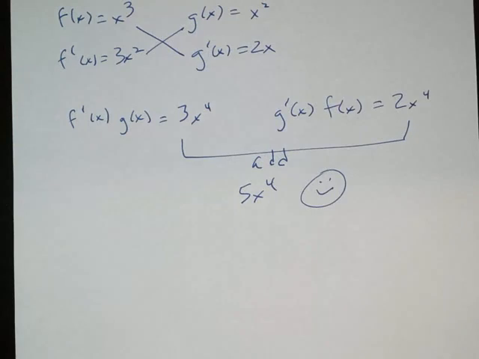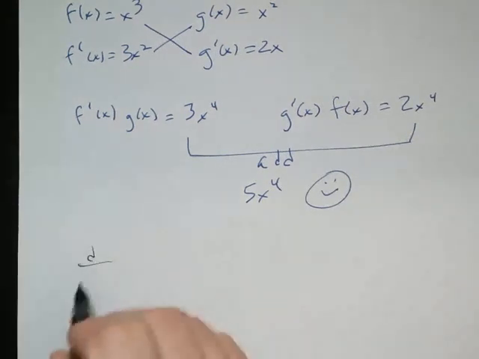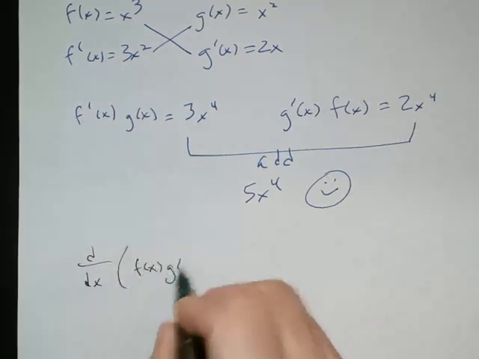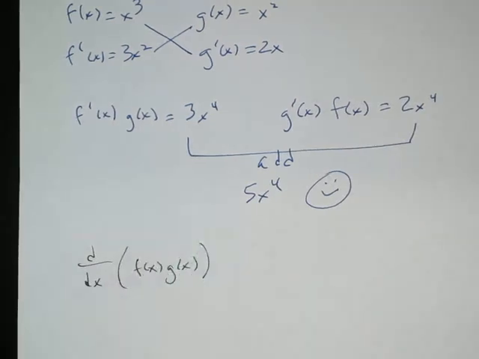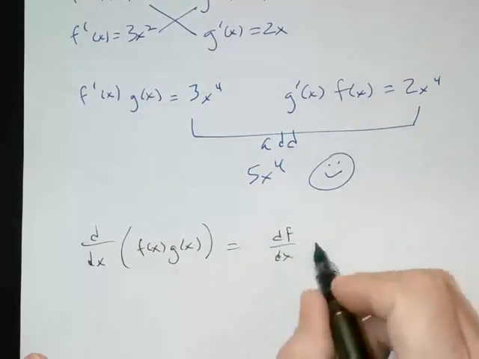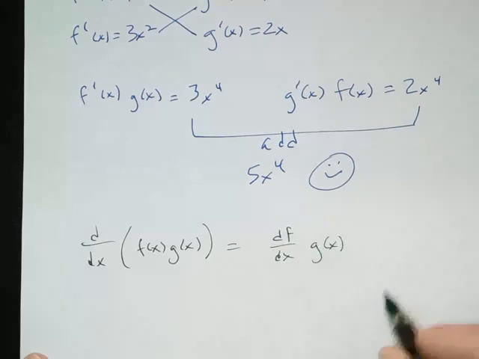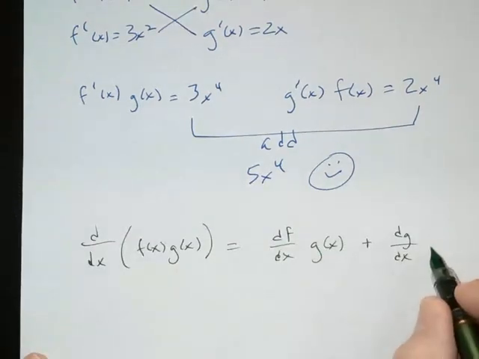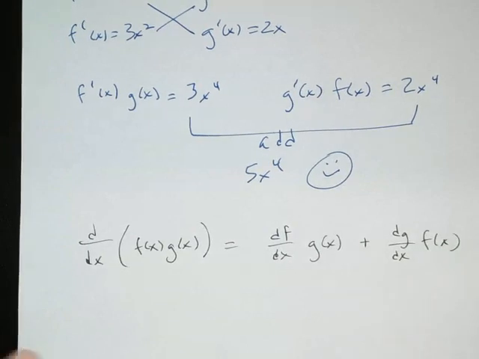So if I want the derivative of a product, the derivative of f of x times g of x, I do the derivative of the first one, leave the second one alone, then I do the derivative of the second one, leave the first alone.